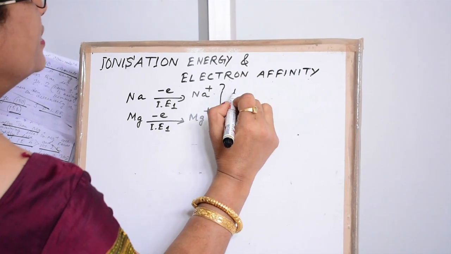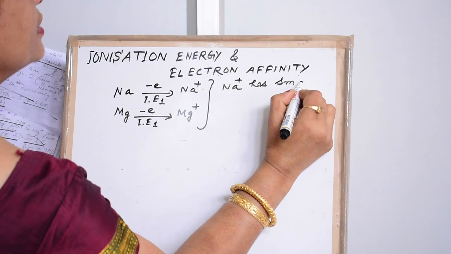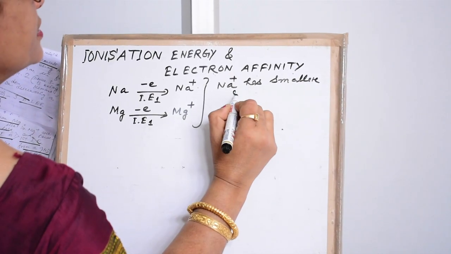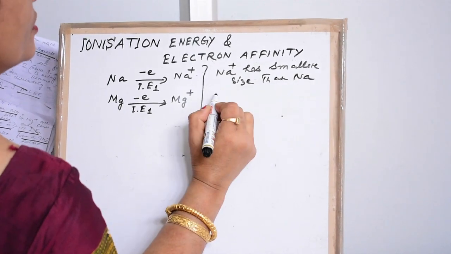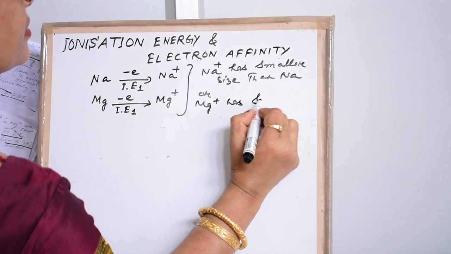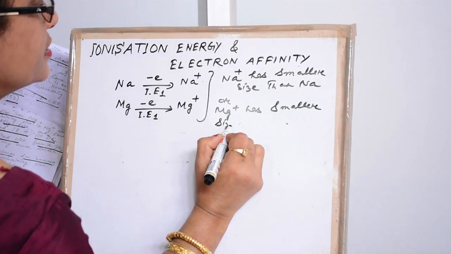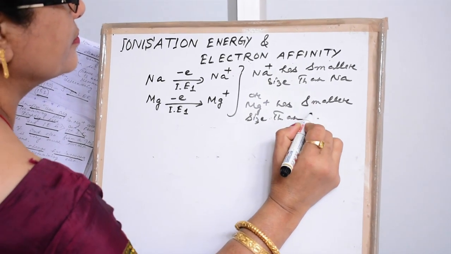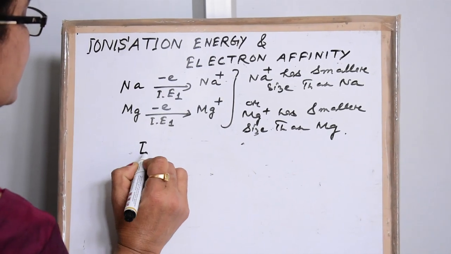We can see that Na+ has a smaller size than Na, and Mg+ has a smaller size than Mg.